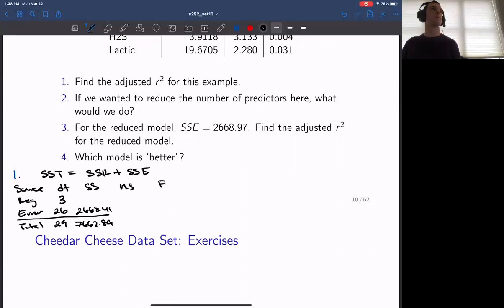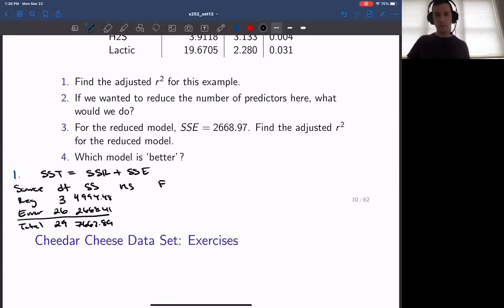Okay, so we can find the SS regression by taking 7,662.89 and subtracting 2,668.41. So that gives us 4,994.48. Right. Then we can easily get each of the mean square terms just by dividing the sum of square by the degree of freedom.